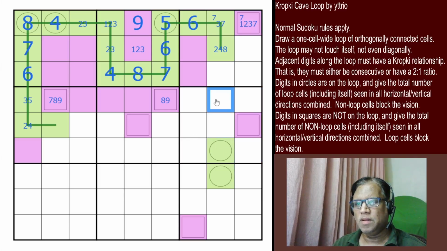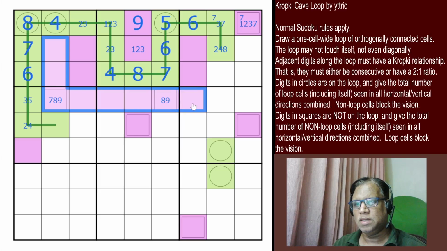Not impossible. 8, 9, 7, 8, 9. Oh, this has to be now, right? Because diagonal. So now what is this? 1, 2, 3, 4, 5, 6, 7, 8.